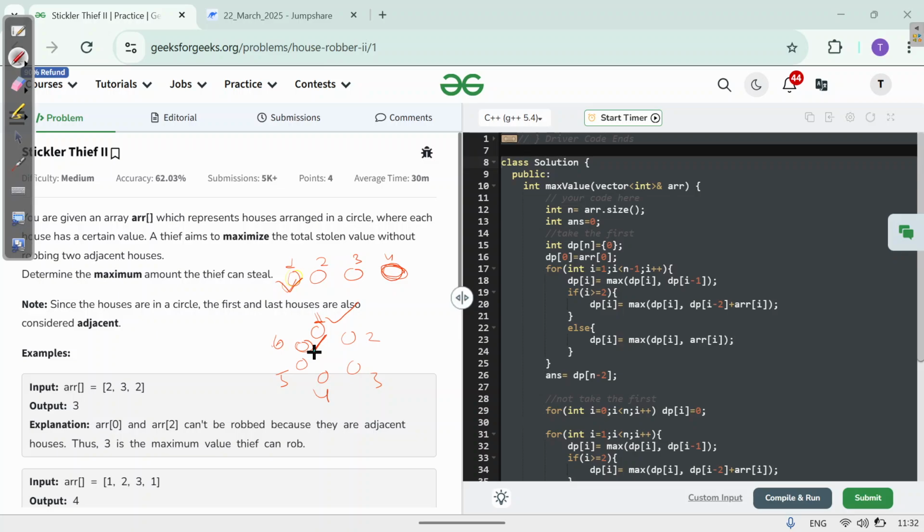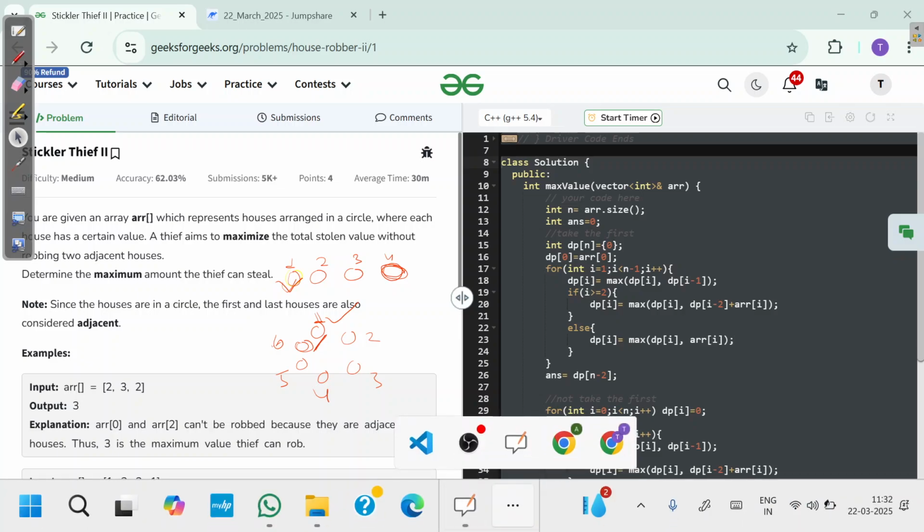So I'm again explaining yesterday's problem, how we solved it, the basic idea. I won't solve this properly because you can check the solution on my channel.